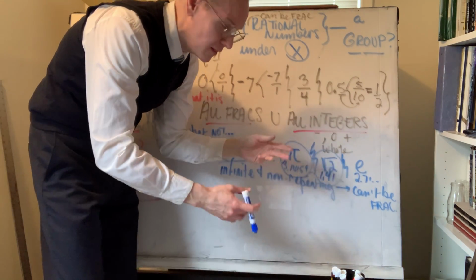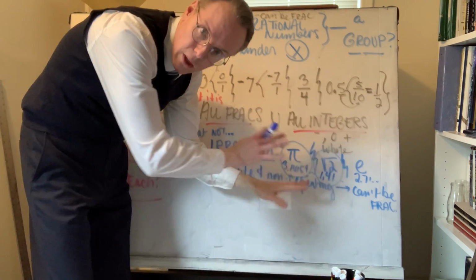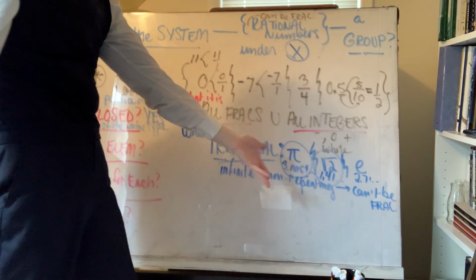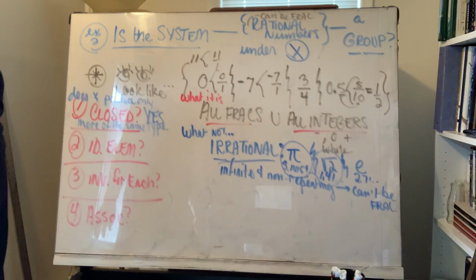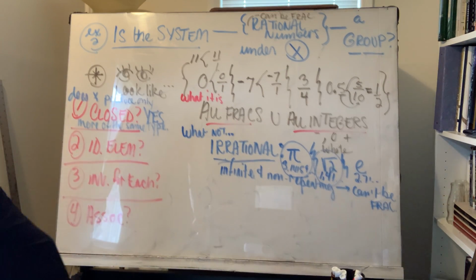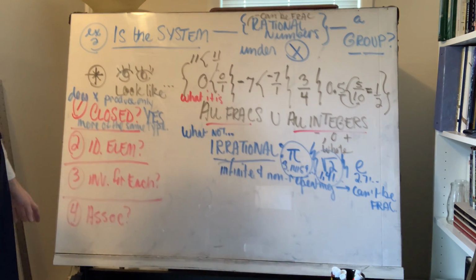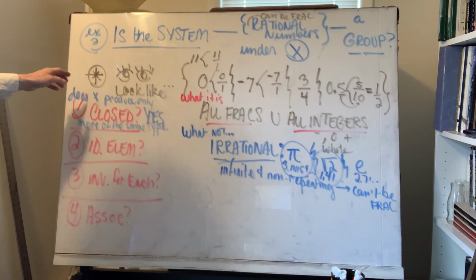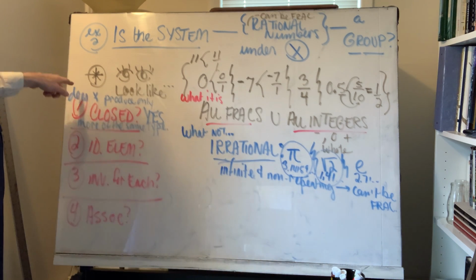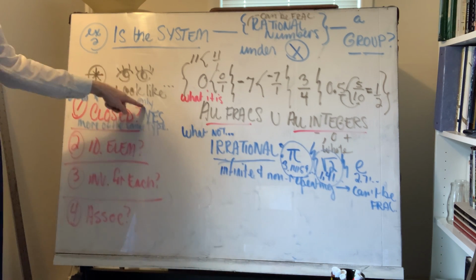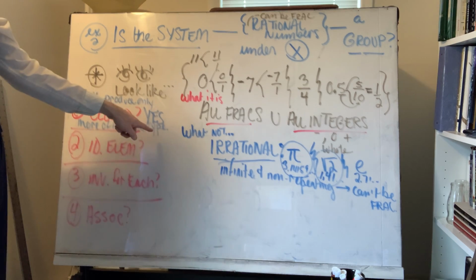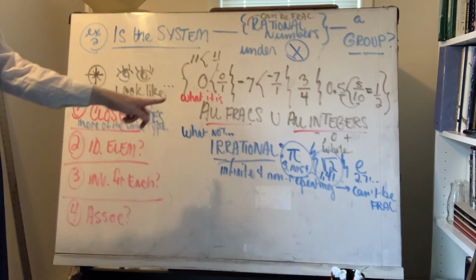No. It would have to be those things to begin with in order to somehow have them, or some form of them, in the end. Something like a radical might produce another radical, but a non-radical is not going to produce a radical. So is this closed? Yes, because multiplying rational numbers only produces more of the same. More rational numbers.